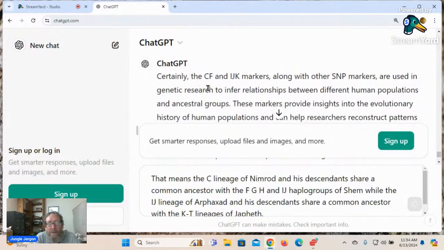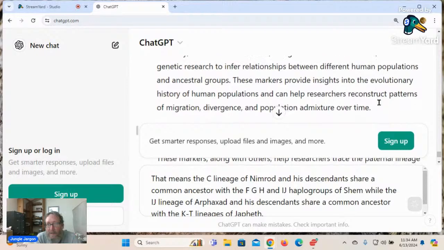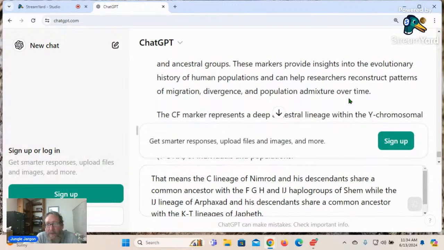Certainly. CF marker, IJK markers, along with other SNP markers, are used in genetic research to infer relationships between different populations and ancestral groups. These markers provide insights into the evolutionary history of human populations and can help researchers reconstruct patterns of migrations, of divergence, and population admixtures over time.